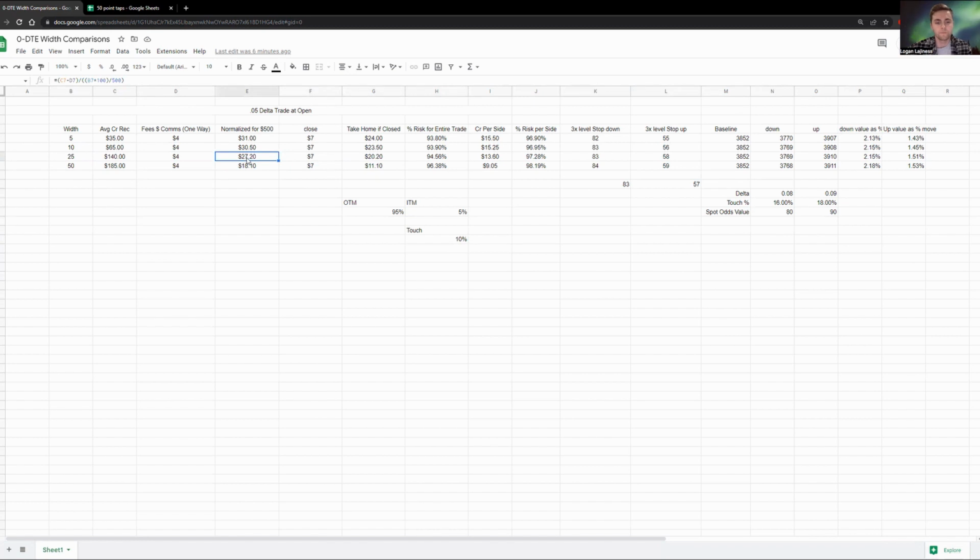If you don't close it, you're taking $27 home. So you're literally risking 94%, almost 95% of your account to make 5%. It's not abysmal, but it's not a great risk to reward. Most credit spreads are going to be 9-1. That's just how it is. But you're upside down.